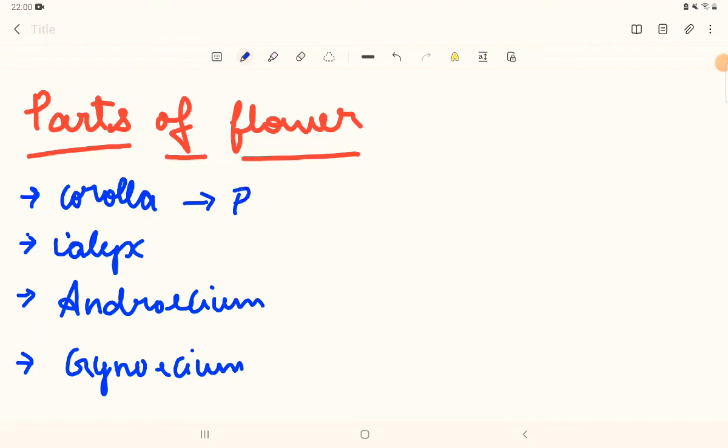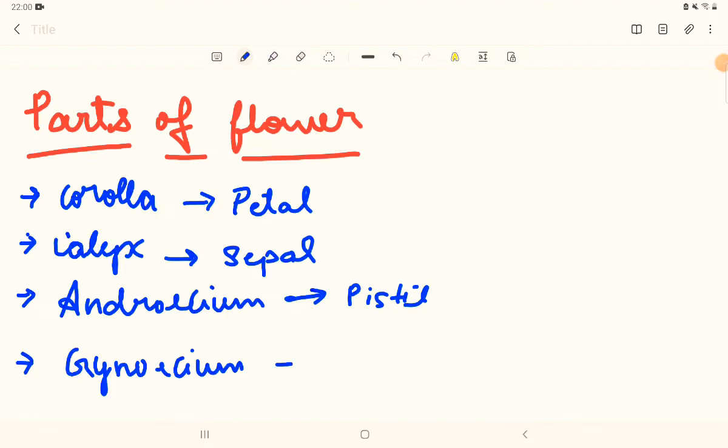So this is your petal, this is your sepal, this is your male reproductive part, that is called as pistil, and this is your carpel.